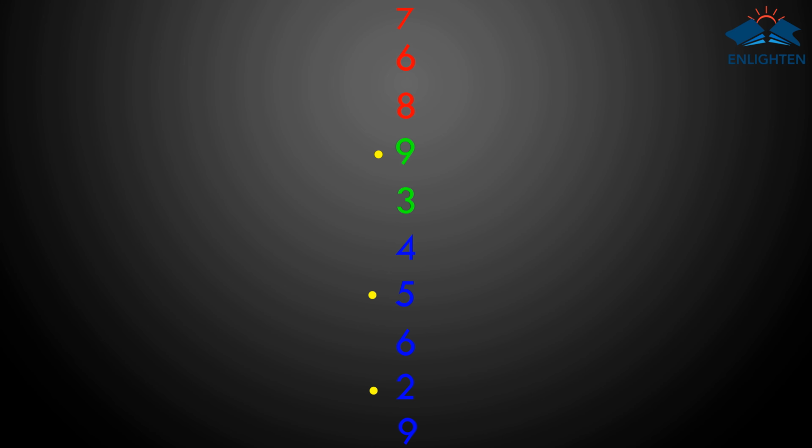Put a dot next to 9 and carry 8. 8 plus 8, 16. Put a dot next to 8 and carry 6. 6 plus 6, 12. Put a dot next to 6 and carry 2. 2 plus 7, 9. Here we got carry 9 and 5 dots. Consider each dot as 10. Therefore, 50 plus 9, 59.